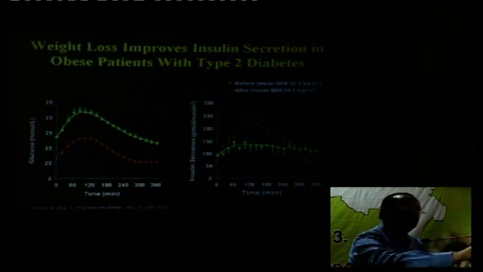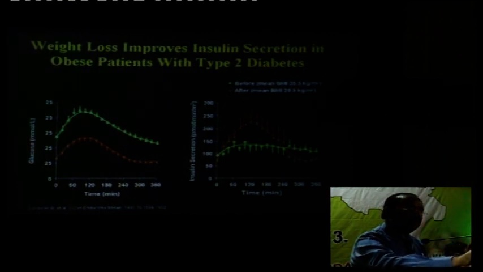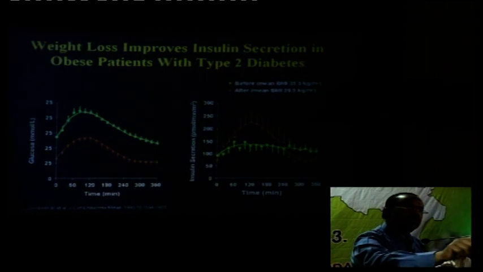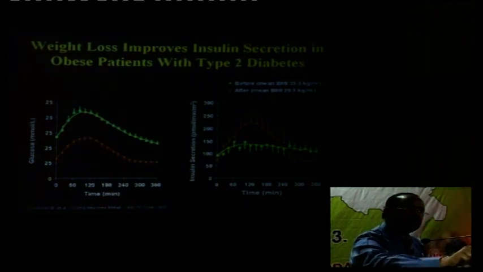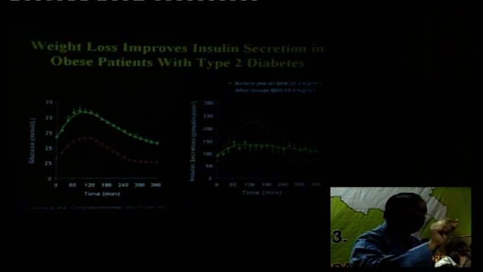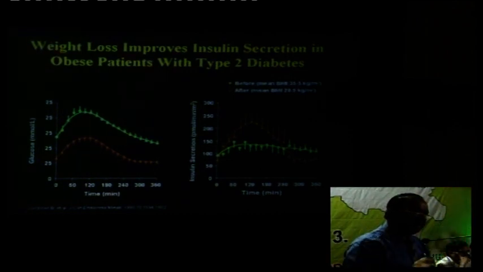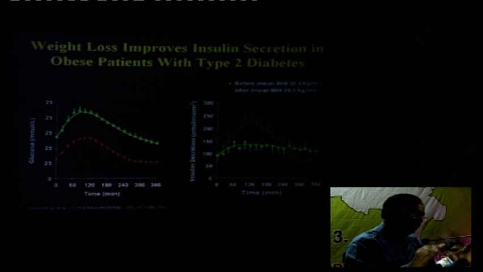Look at the glucose levels, they are very high. The insulin, before and after. If you look at the insulin secretion, before it was down, and after weight reduction, the insulin levels have significantly gone up, telling us that there is some benefit of exercise and this.